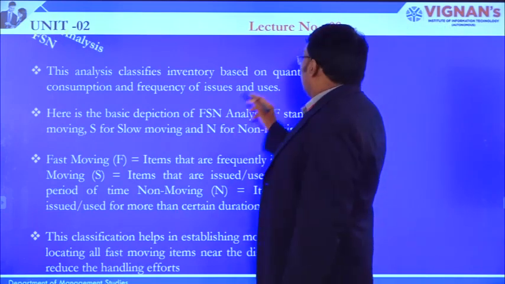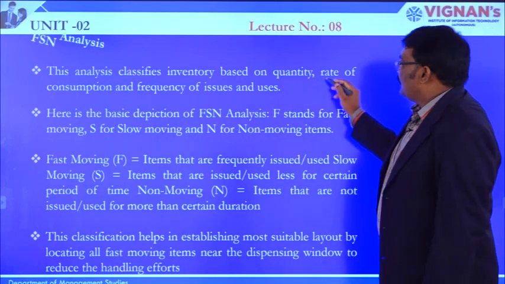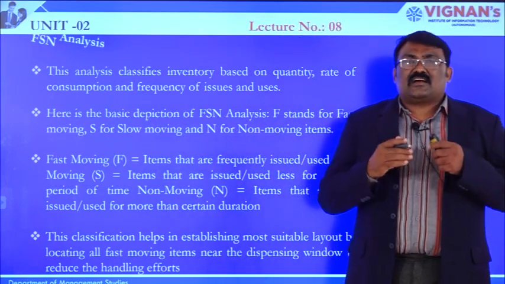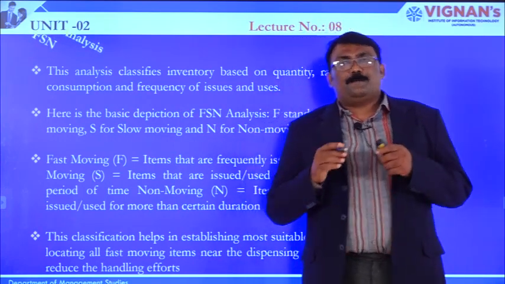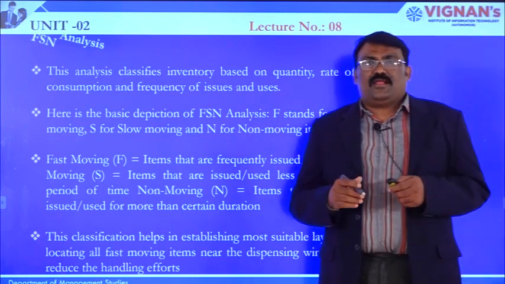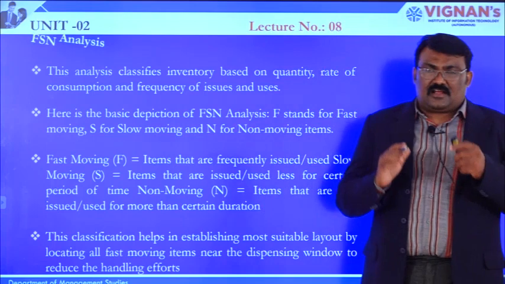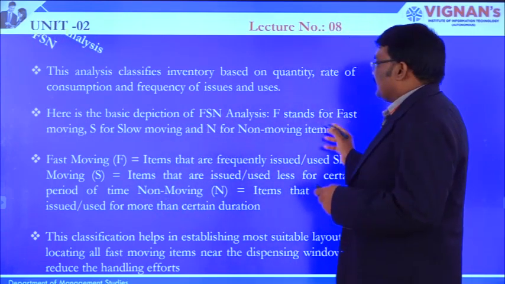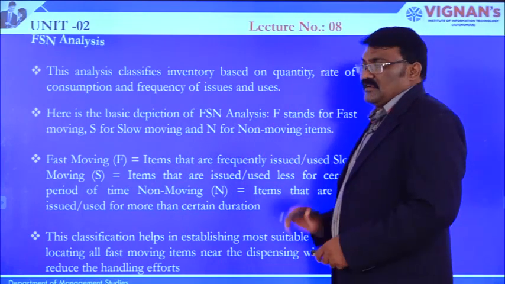The analysis classifies inventory based on quantity and rate of consumption. Based upon how the consumption of raw materials moves in an organization, the raw materials are classified, and as described, F stands for fast moving, S stands for slow moving and N stands for non-moving.